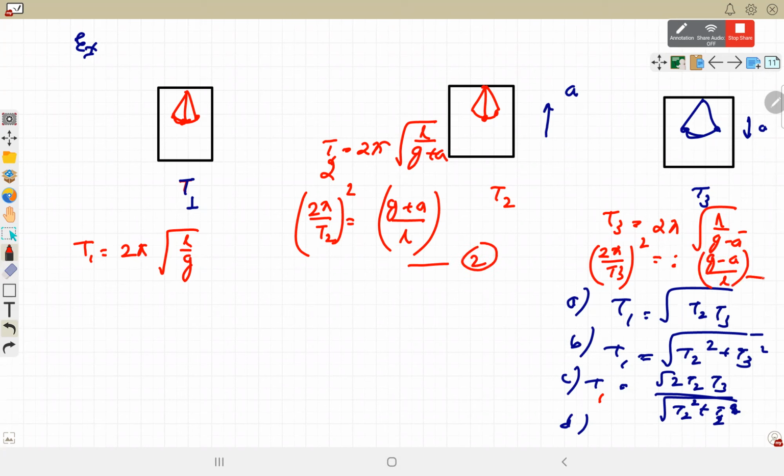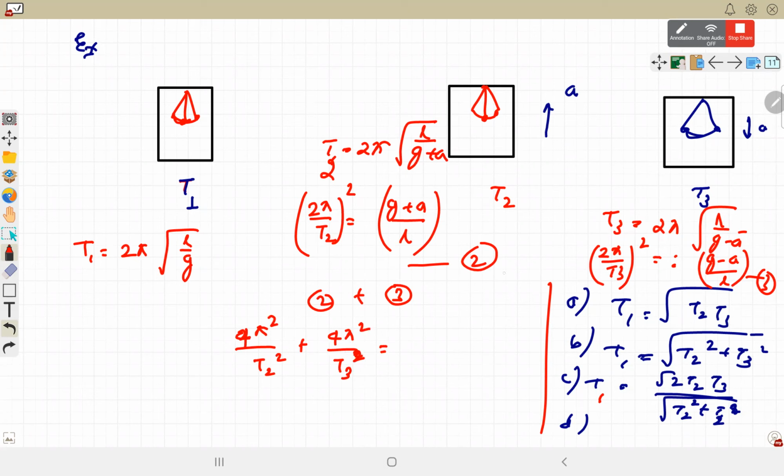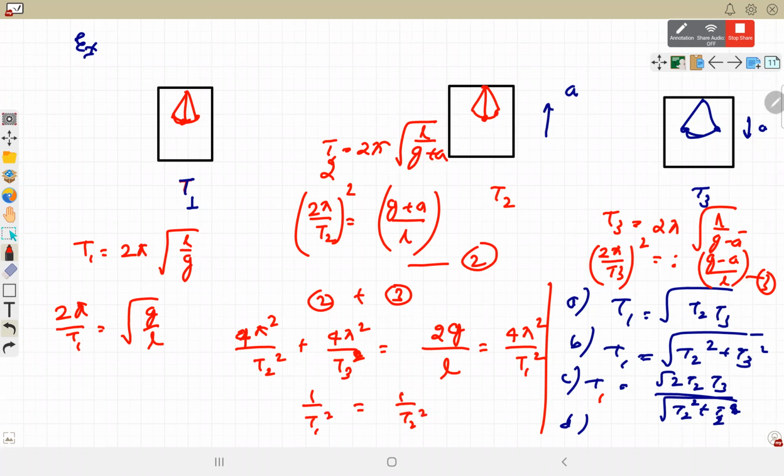Add these two equations. 4 pi square by T2 square plus 4 pi square by T3 square will be equal to G plus A plus G minus A, that becomes 2G by L. And 2 pi by T is root G by L, so G by L will become 4 pi square by T square.